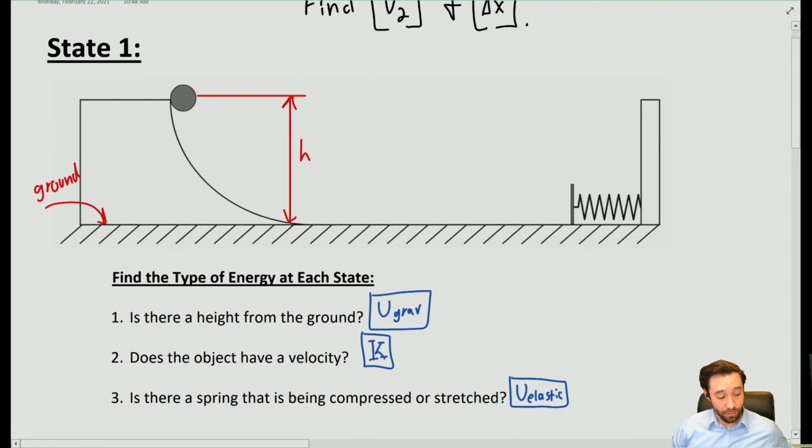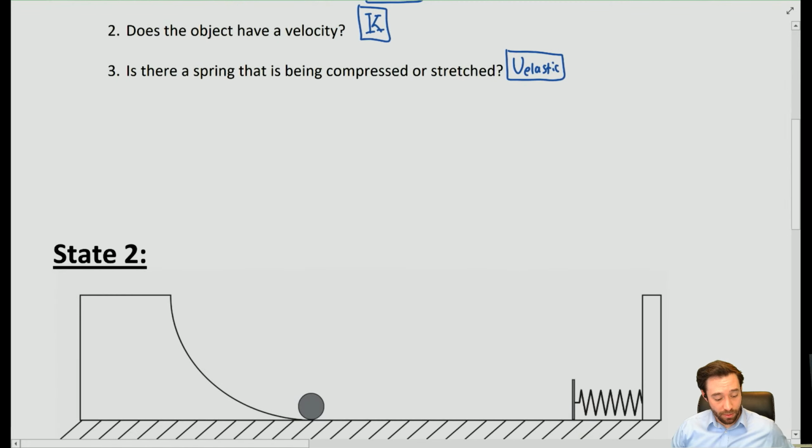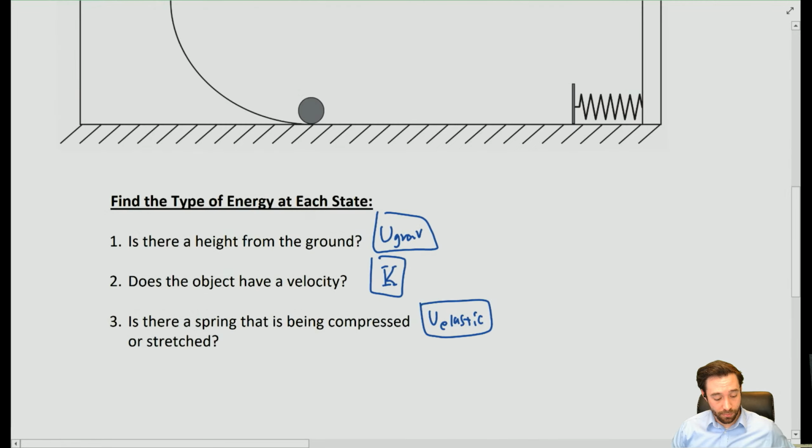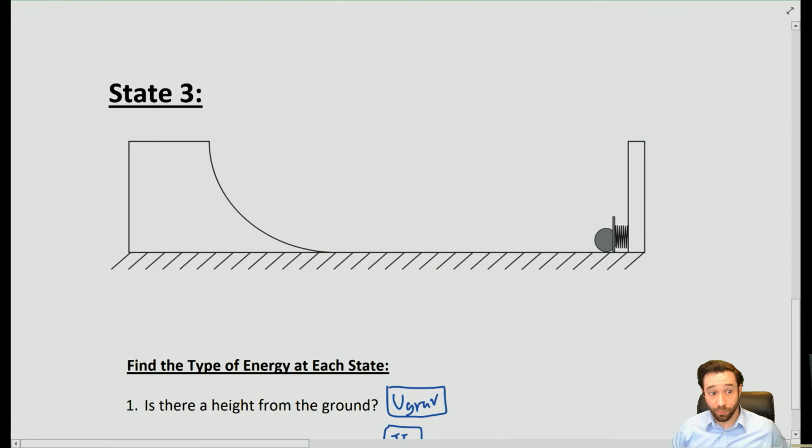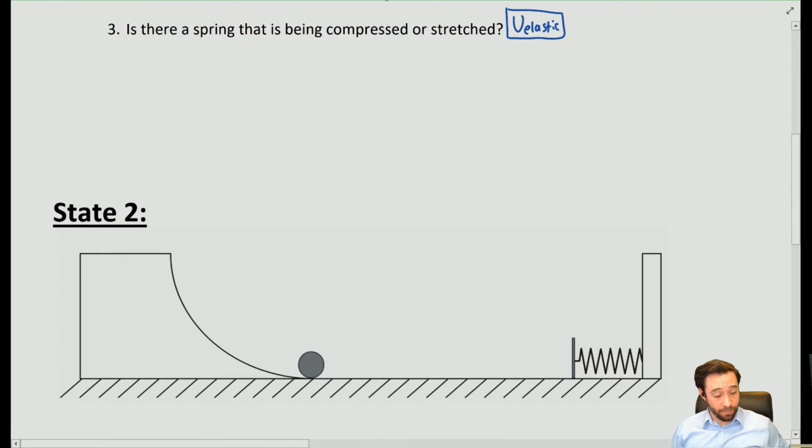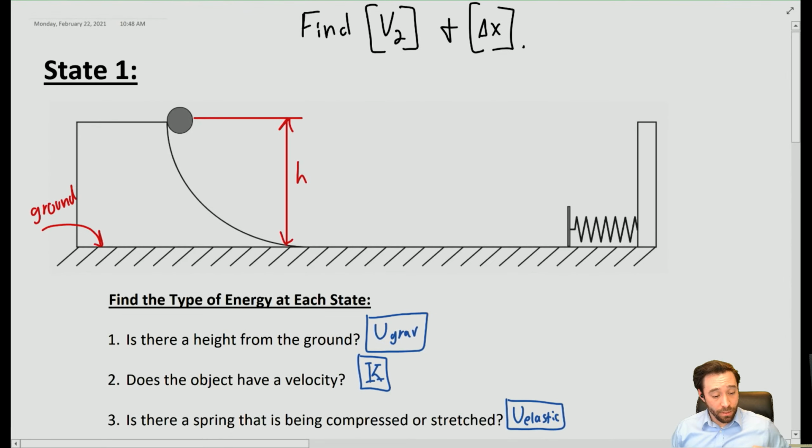So state 1, state 2, and then state 3. When the ball has fully compressed the spring and it's the instant right before it launches right back. So that's the scenario. So my objective, like I said before, I need to find my velocity at state 2, and I need to know how much the spring has been compressed.